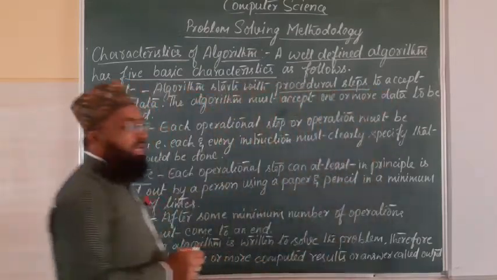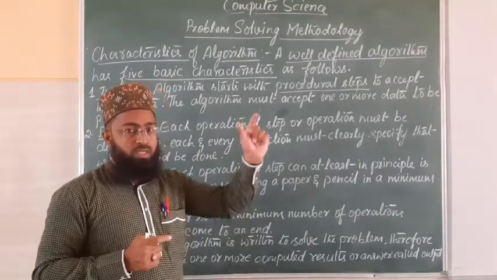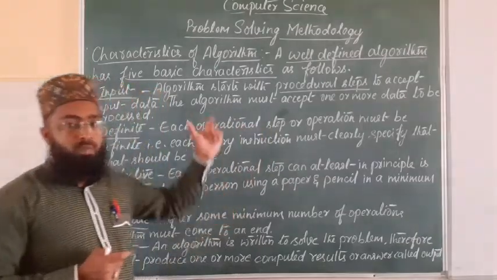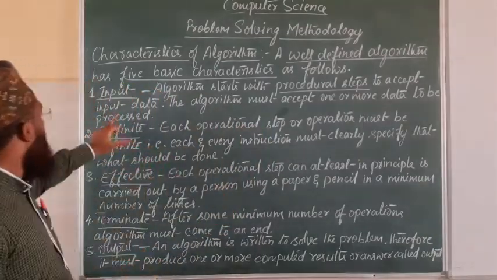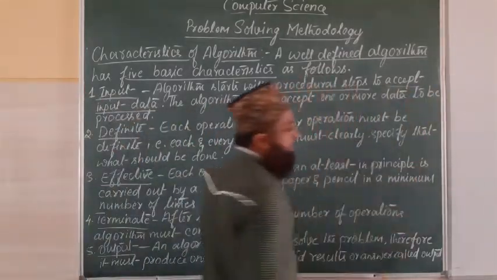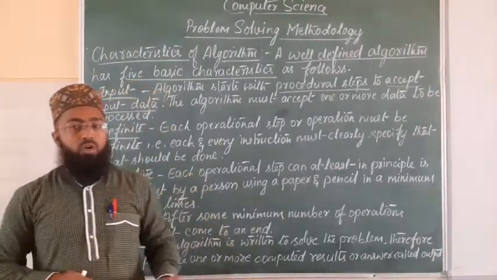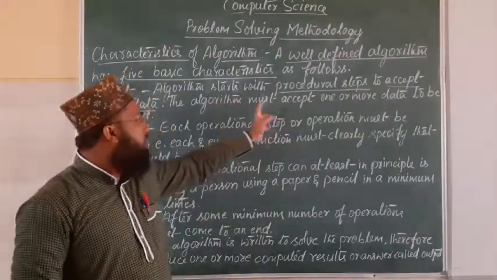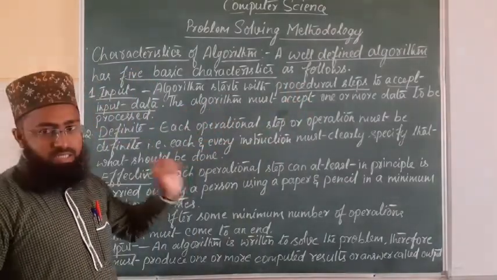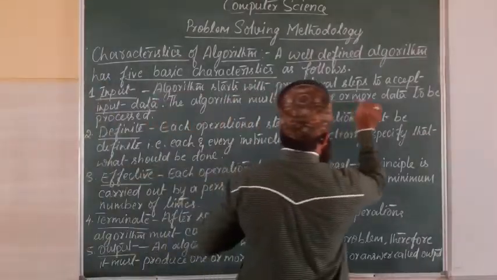It should have a procedure of steps, like step 1, step 2, step 3, step 4, to accept input data, the data which we give to the algorithm. To accept that data, the algorithm should have the procedural steps, and it must accept one or more data.